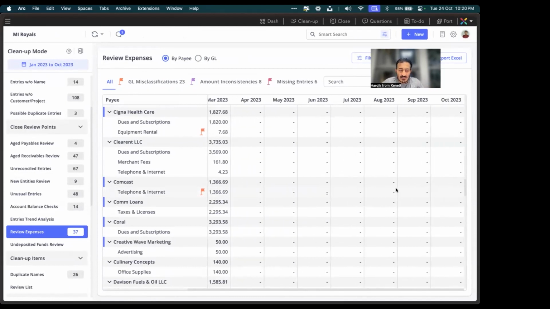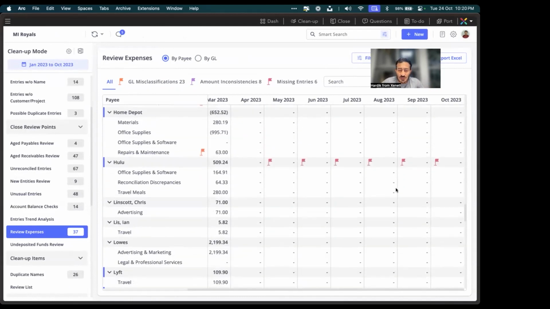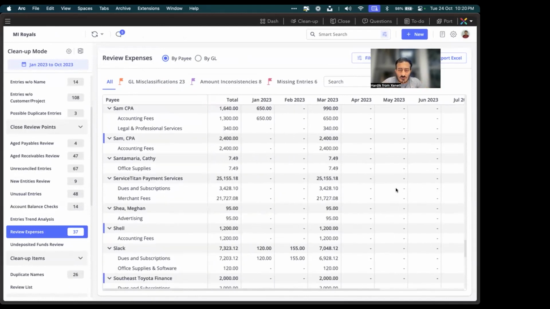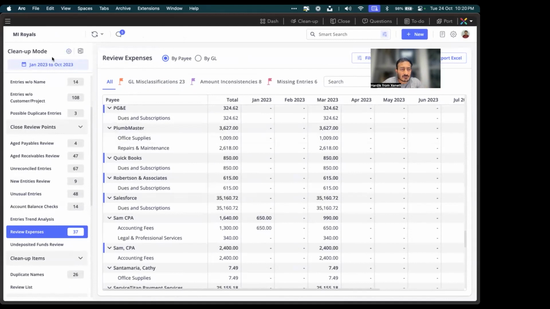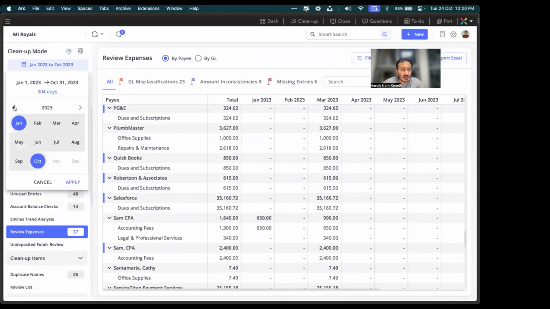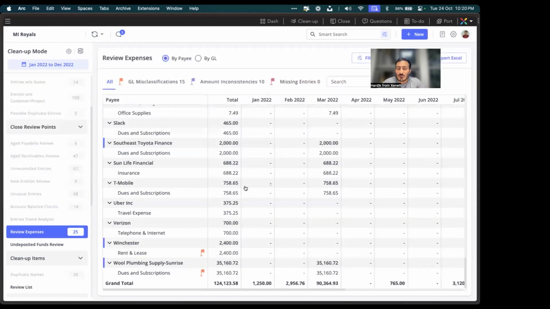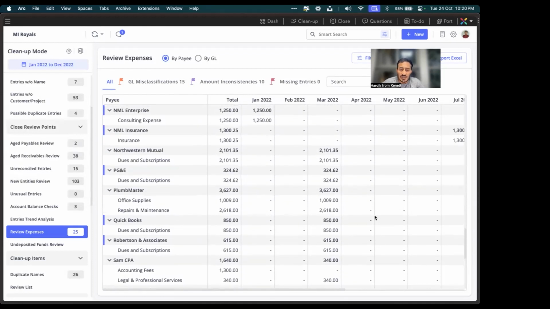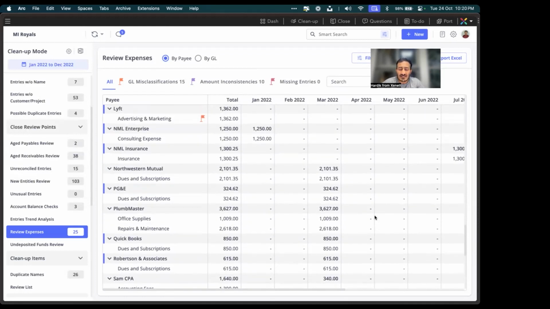So we make sure we have a quick review of this report here. I'm just going to say January to December here. Even before making accruals, we look at this to make sure that all those recurring expenses have amounts every month, and then we make the accruals accordingly for the missing ones.